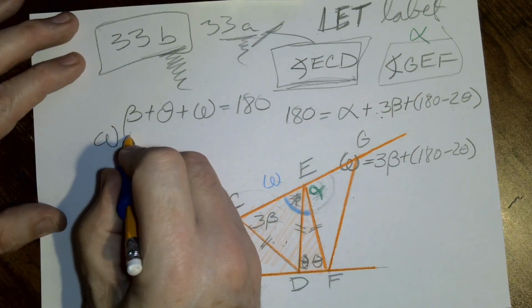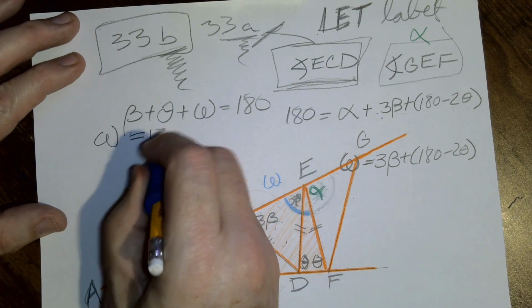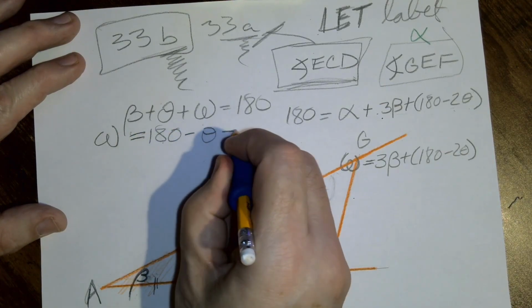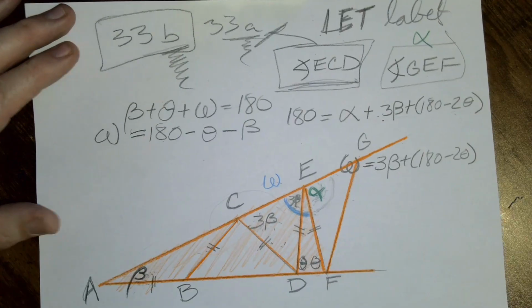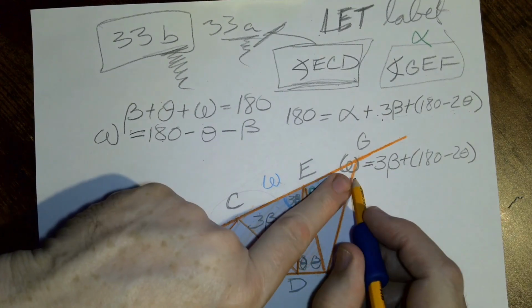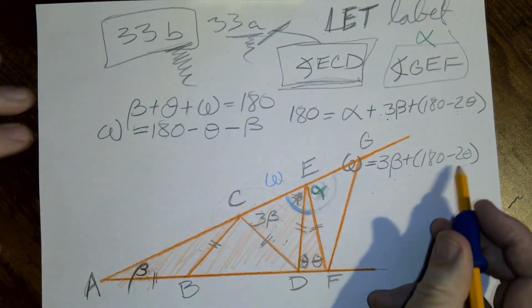This is beta, or omega is 180 minus theta minus beta. And what else is omega? It's 3 beta plus 180 minus 2 theta.